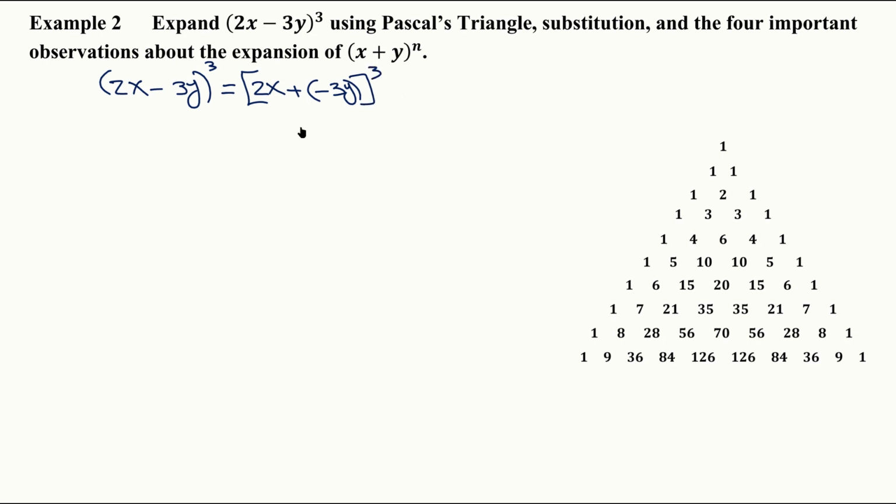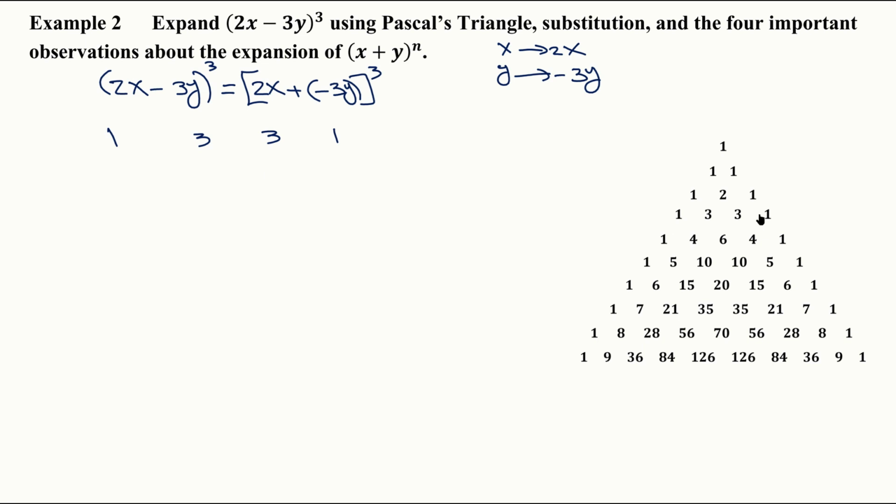See, now you can see that basically we're going to replace x with 2x, and we're going to replace what we normally call y with negative 3y. So that's the kind of substitution we're looking at. So the row of interest is row 3 here with coefficients 1, 3, 3, 1.